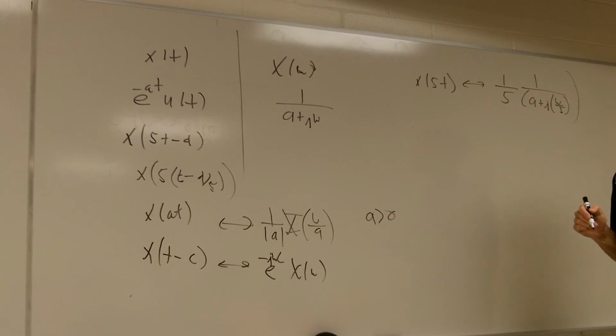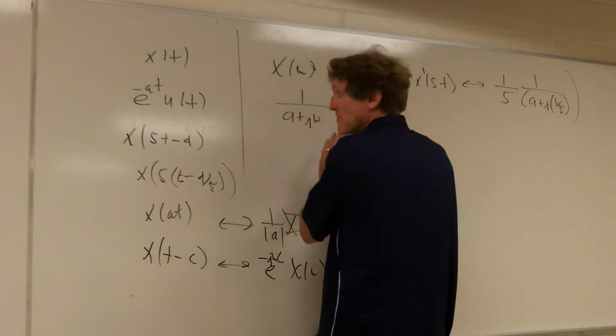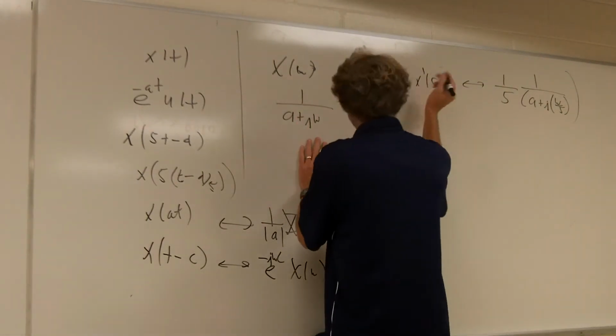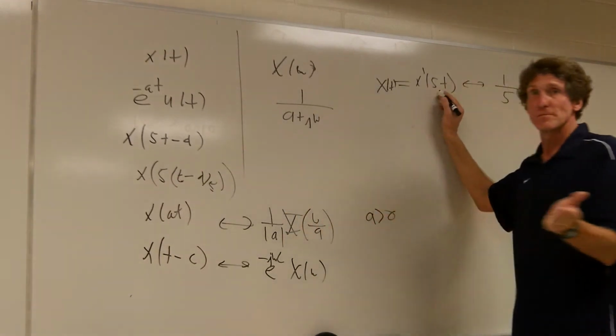Why can't you do X of T minus 4/5 first? I could. Just let me do this one first, okay? Are you with me? Now what I do is I say this function looks like the function I want. I'll call this x prime for now. Now I'm going to say my real x of t is this.